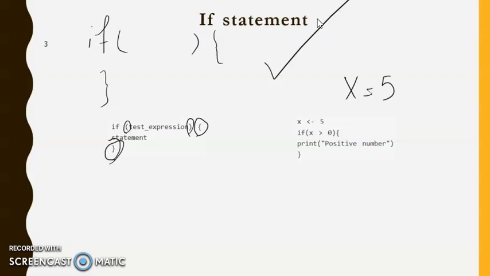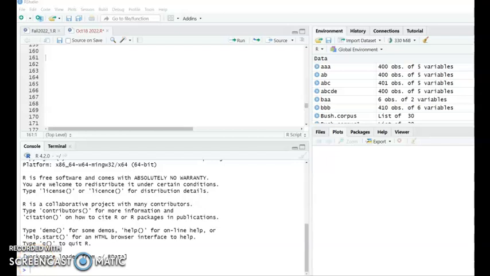I'm going to run this in the IDE, and I also expect you to do the same and check the results before we do an activity together. Here we do the code. I put x equal to 5, if x greater than 0.